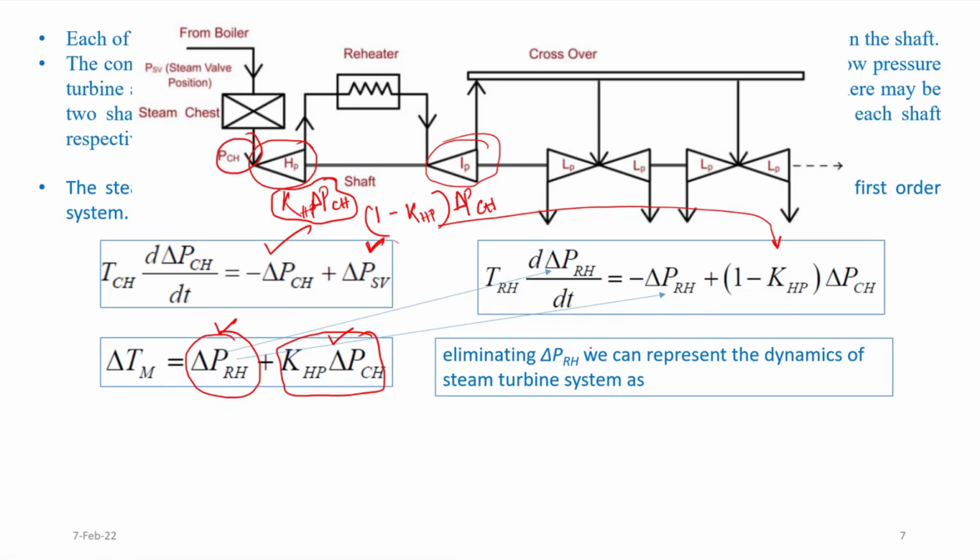So I want to write the equation of delta T_m as a function of delta P_SV.